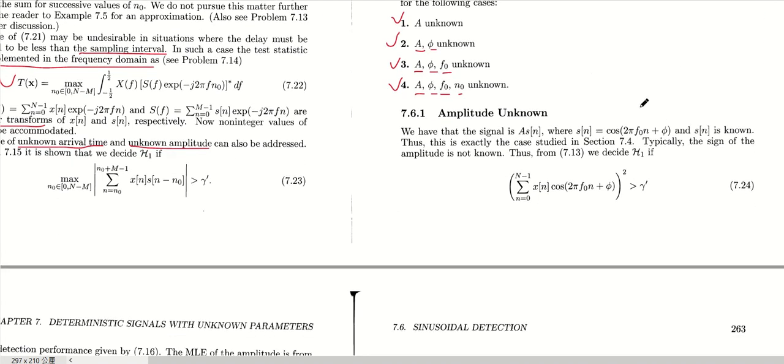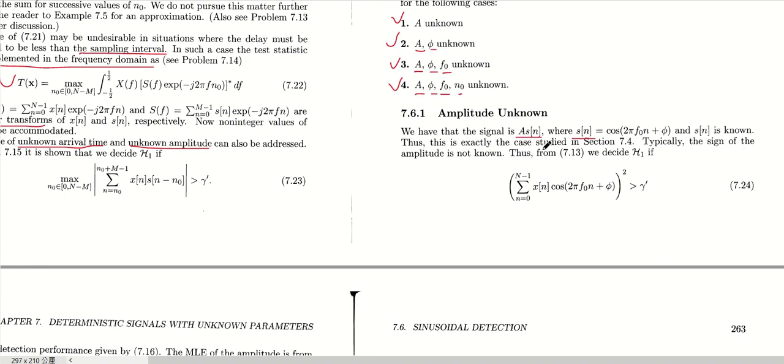Let's first look at the first problem. We have that the signal is A s[n], where s[n] is a sinusoid, a cosine. In a sinusoidal signal, cosine and sine are interchangeable just by changing the phase. So it's the same as if you're doing sine, and s[n] is known.